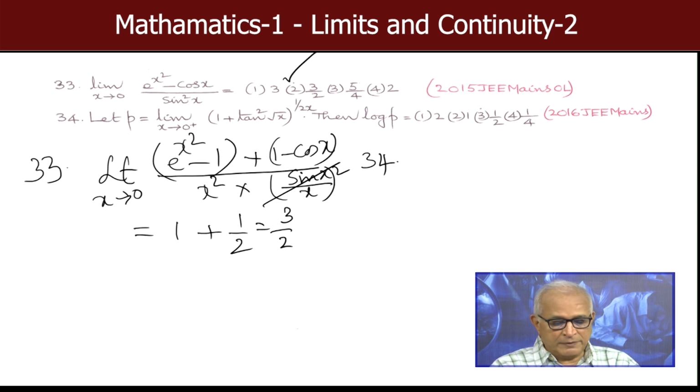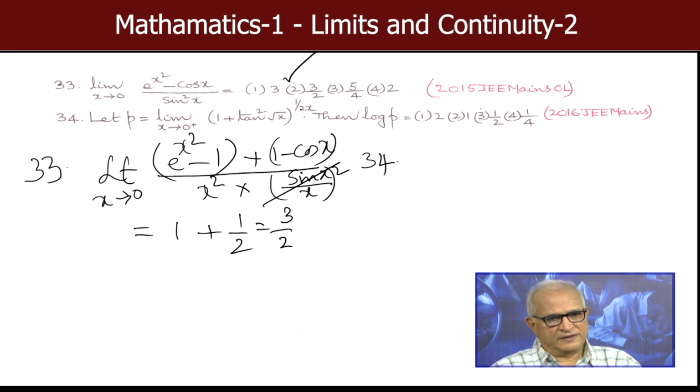You see, this limit is in the form 1 to the power of infinity. 1 plus tan square root x tends to 1 as x tends to 0. From the right, of course, because of the presence of root x, x cannot take negative values. 1 by 2x tends to plus infinity. So, this is in the indeterminate form 1 to the power of infinity.